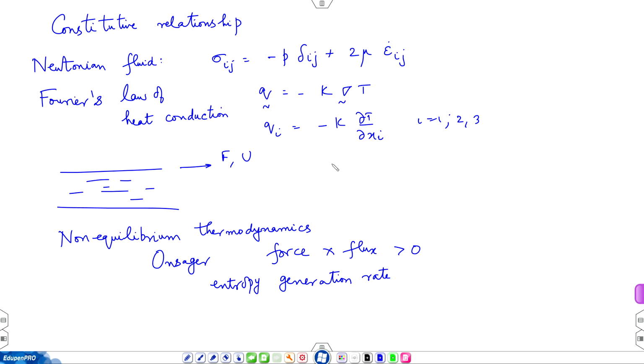So, in this context, F times u, but what is F? It is mu area u over h times u, right. Mu u over h is the shear stress times area times u, which is greater than 0, but u square is positive, h is positive, area is positive, which means mu is positive.